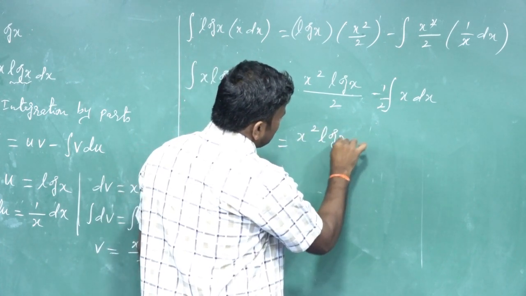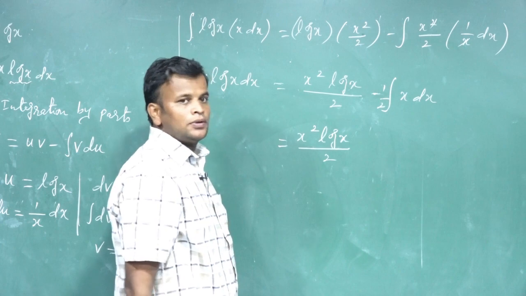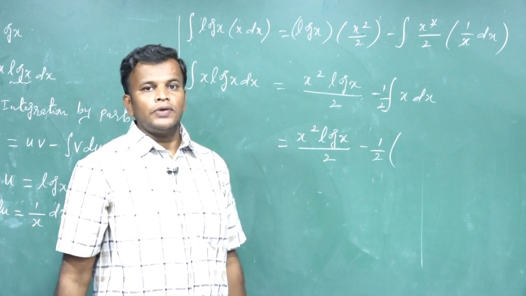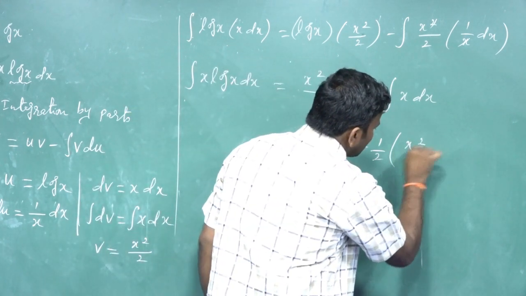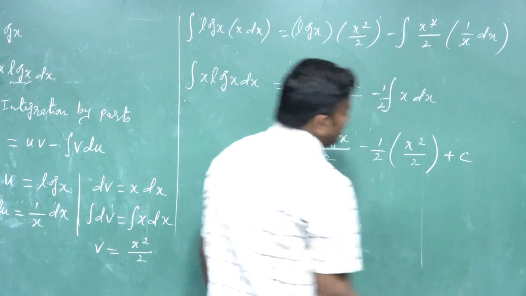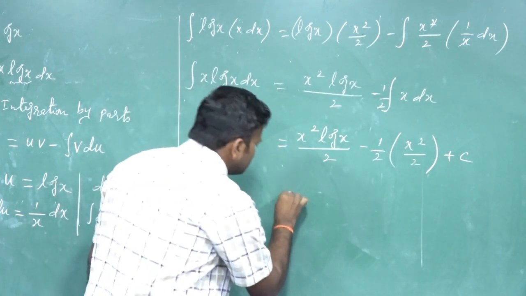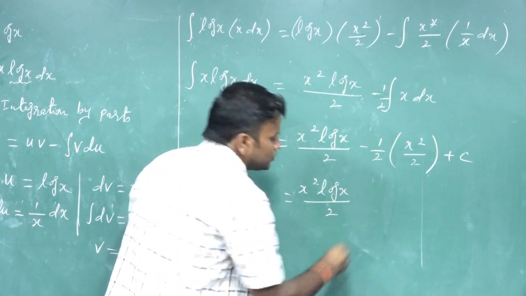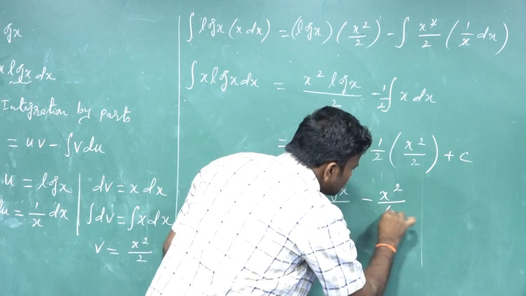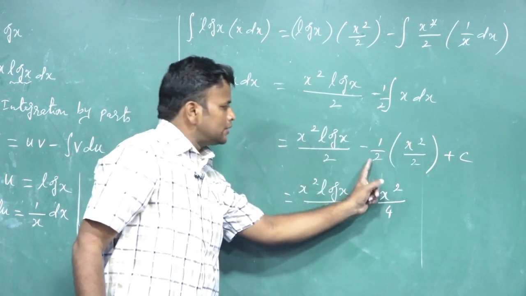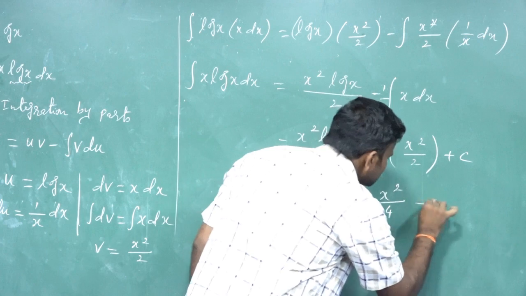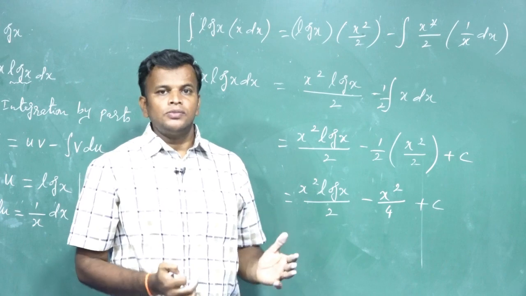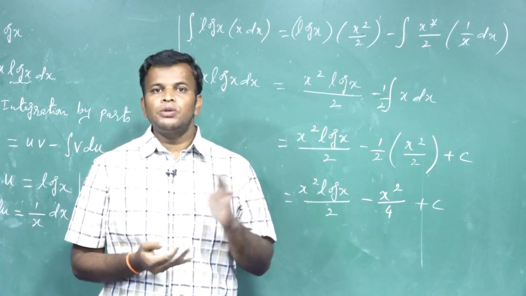So x square log x by 2 minus 1 by 2 times the integral of x, which is again x square by 2. Now we add the constant c. So x square log x by 2 minus x square by 4 plus c. That is the answer. Here the Bernoulli formula is impossible, so we solve the problem by integration by parts.